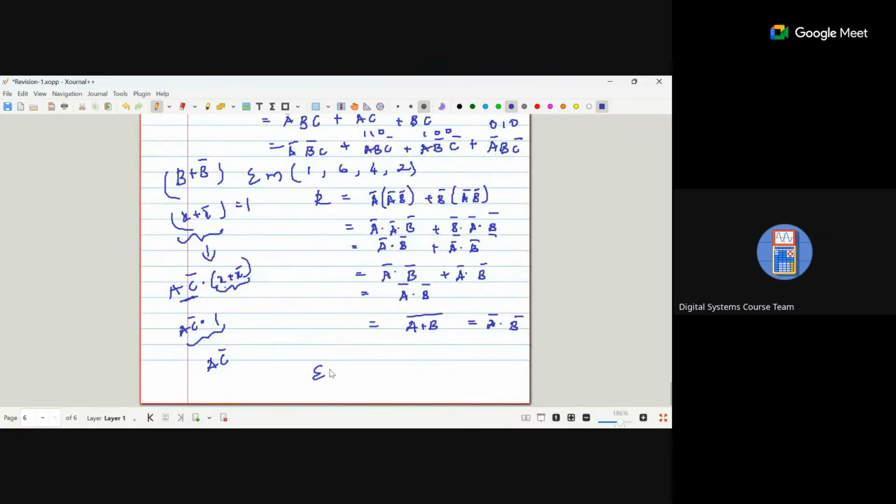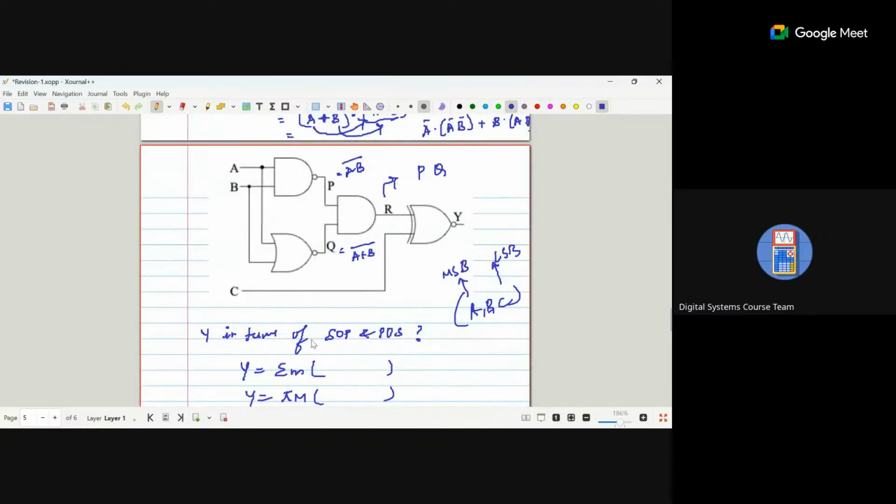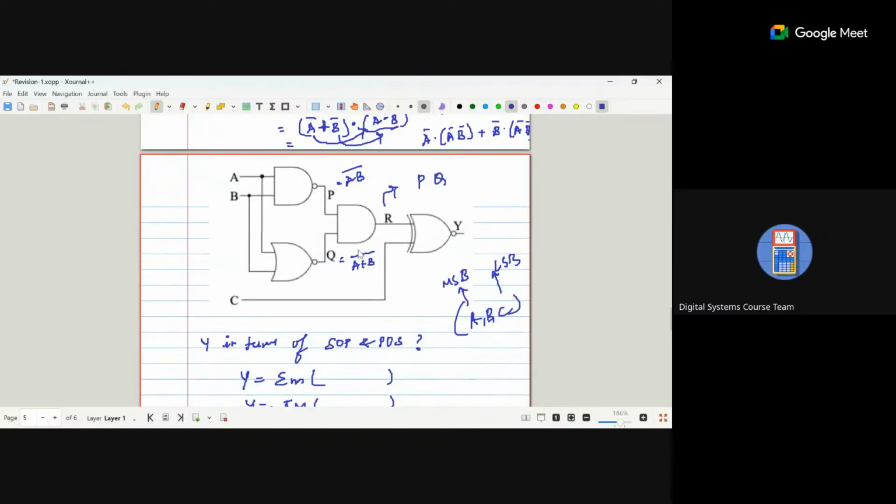So your min terms will be 1, 2, 4, 6. Your max terms will be 0, 3, 5, 7. Correct. So this is how you will be able to find your min terms and max terms from the circuit diagram.